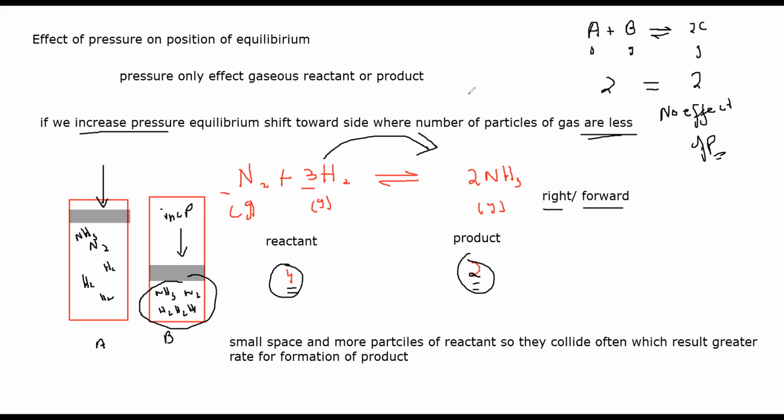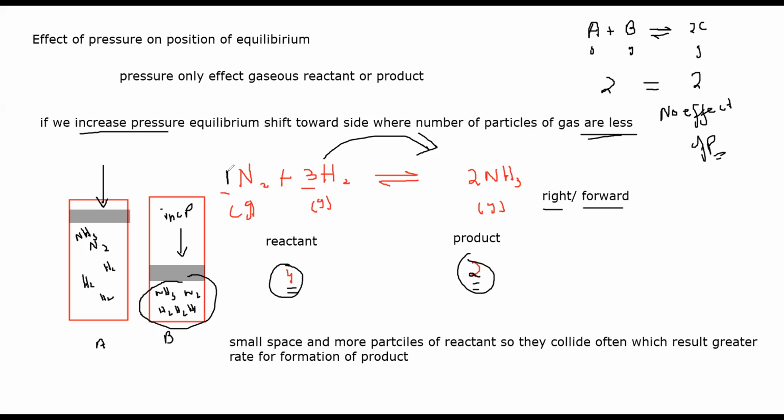So even though the reactants are in a gaseous state, the pressure will not affect because you have an equal number of particles of reactant and product. Sir, this number 4, sorry, reactant 4 and product 2, is this the grams or what? No. This is called a mole number.